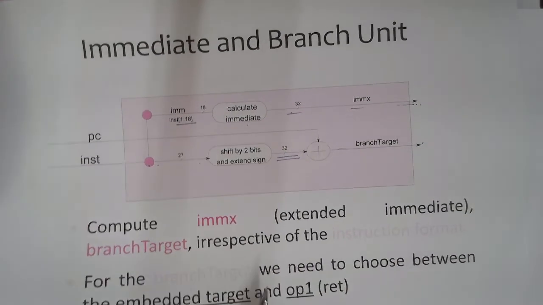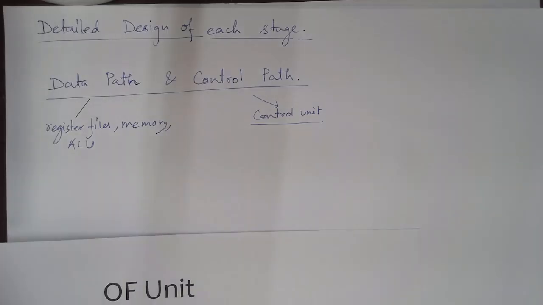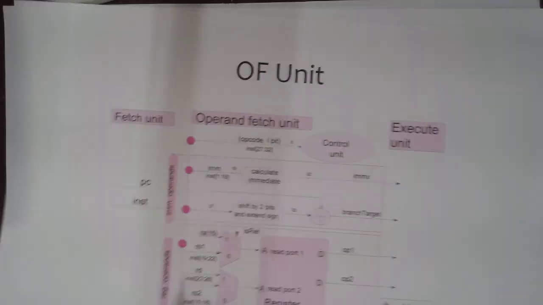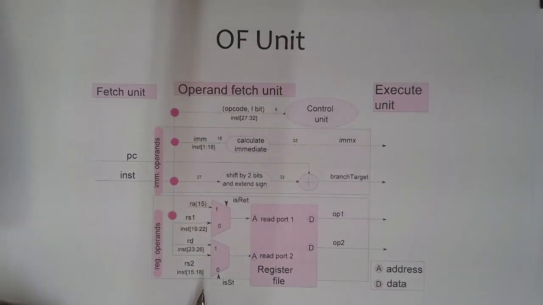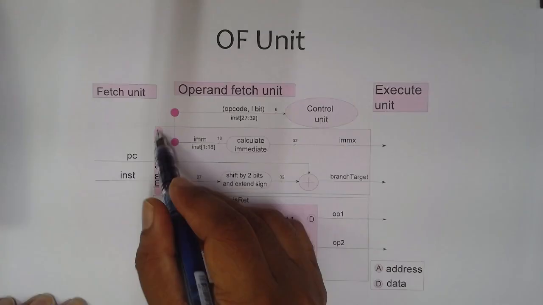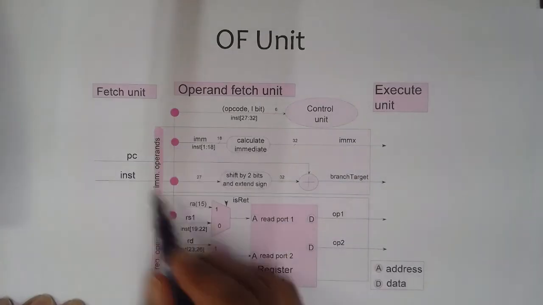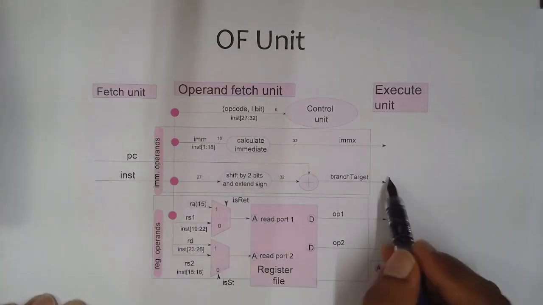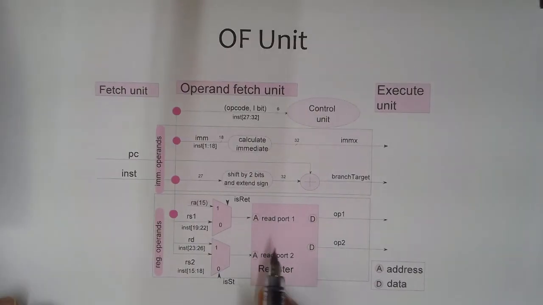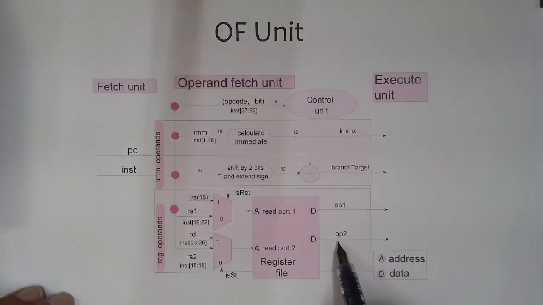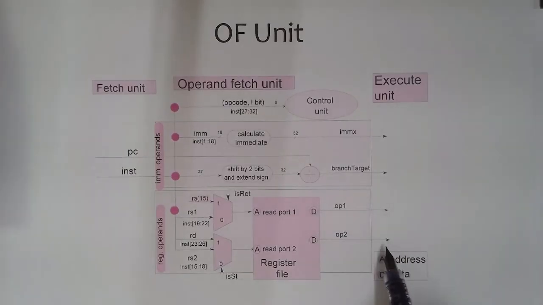If we look at the operand fetch unit in totality, it will look something like this. You have this part where you calculate the branch target and the immediate values, and this part which deals with the register operands, and you give output as operand 1 and operand 2 depending on what kind of instruction you have.